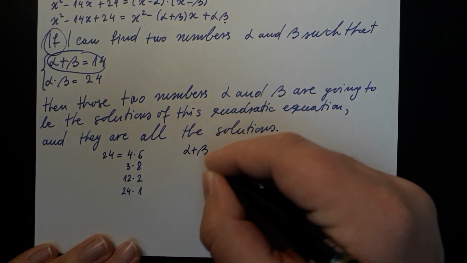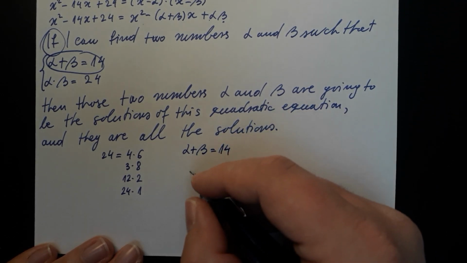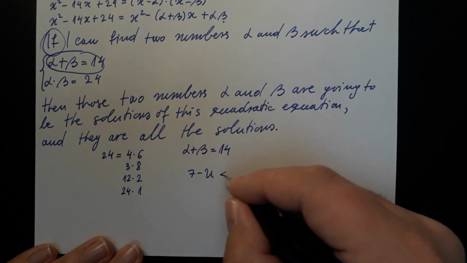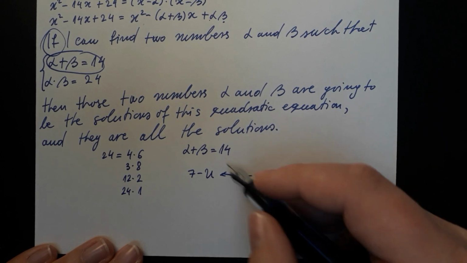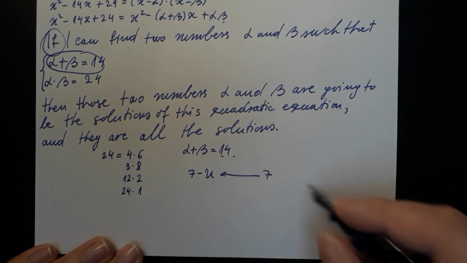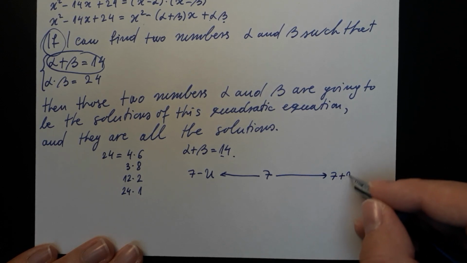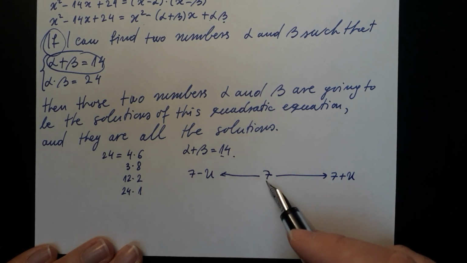alpha plus beta being equal to 14, and we can observe that as 7 minus u, which is some distance away from 7, 7 being the half of 14. And we can observe the second number as 7 plus the same bit u. They are equidistant from 7.